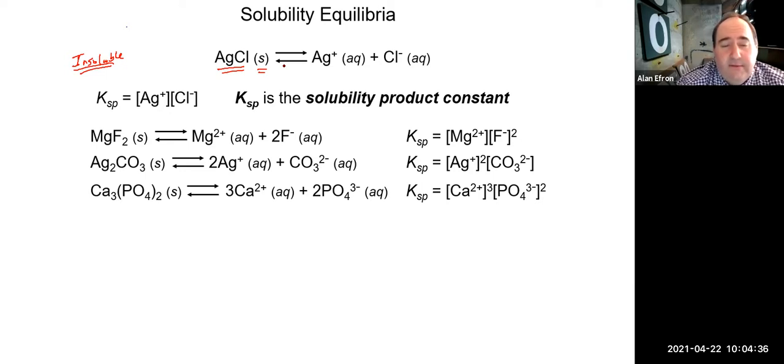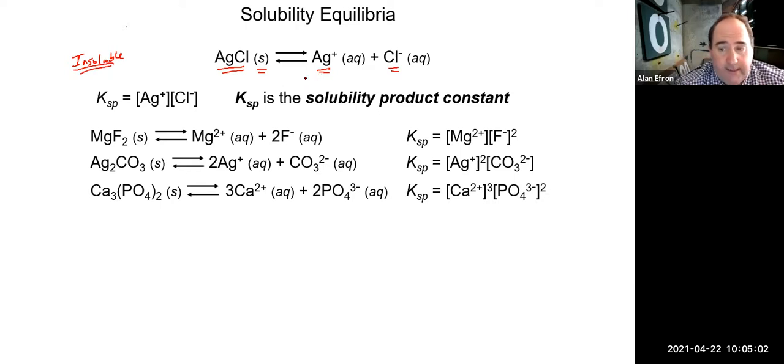So even something like silver chloride, which when we look at it in a beaker or a test tube looks completely solid to us, there is some degree of equilibrium happening. And that's what we see here in this equation. There's some degree of this silver chloride that will break apart into silver ions and chloride ions, and it will have a back and forth equilibrium.